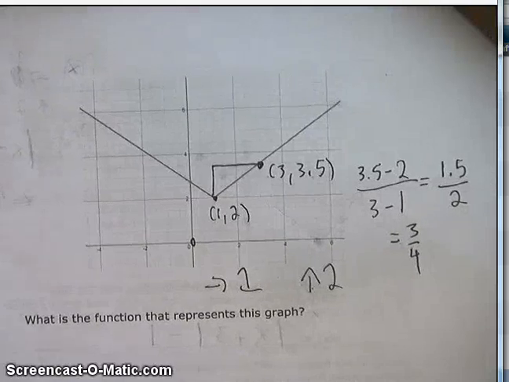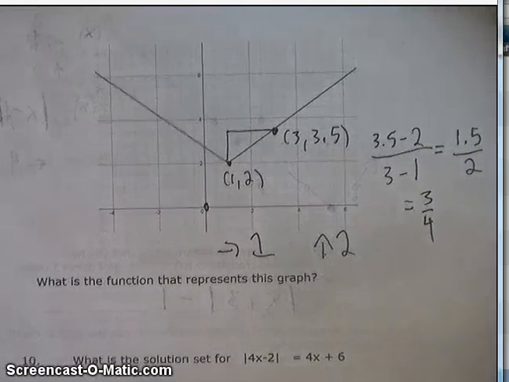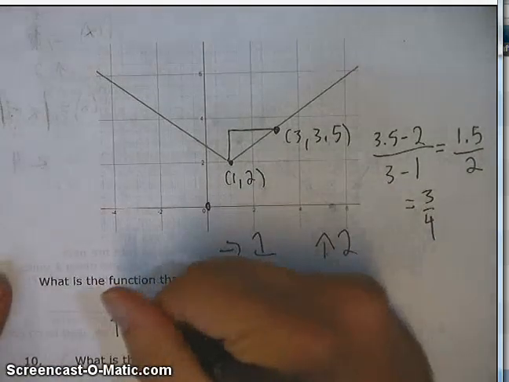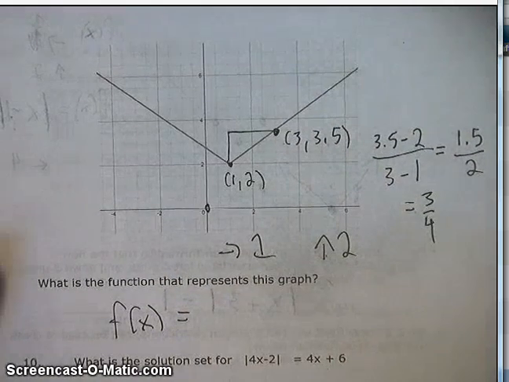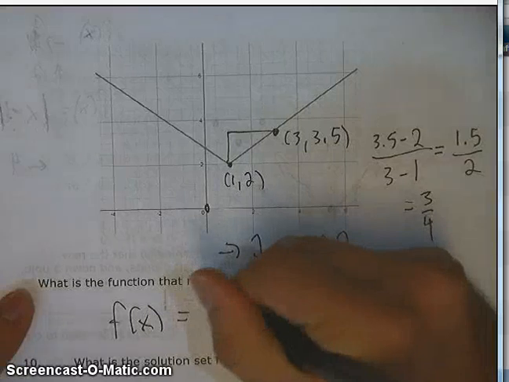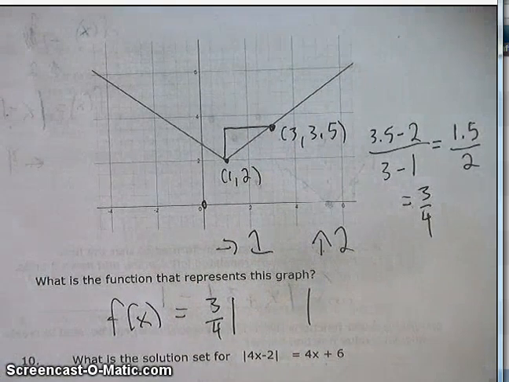This is a vertical compression by a factor of 3/4. It's a compression because it's less than 1. So if I'm going to write this function now, I'm going to have f of x, or y, equals, and I'm going to go ahead and put that 3/4 before the absolute value bars, because it's vertical compression.